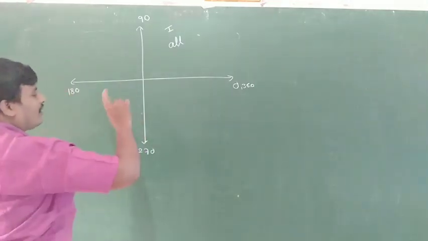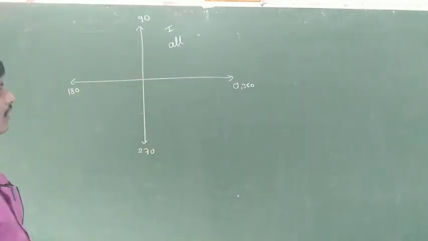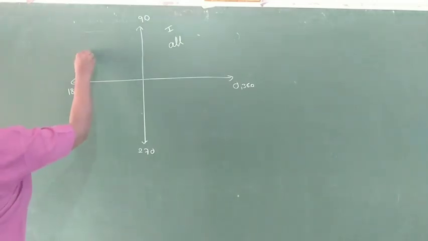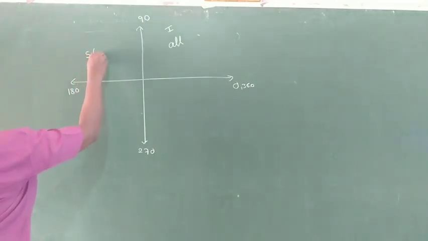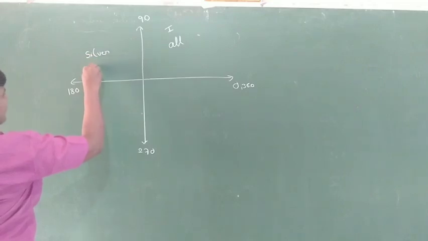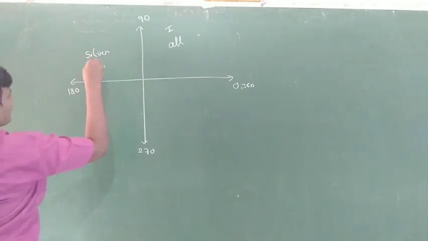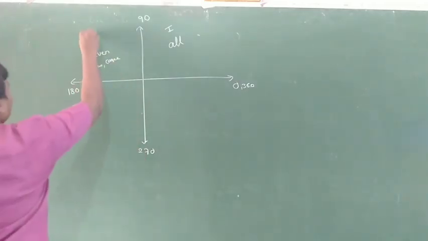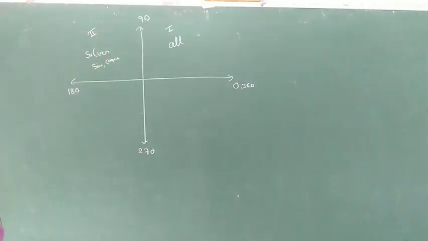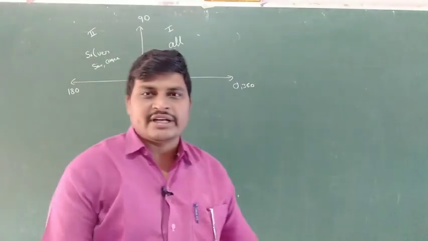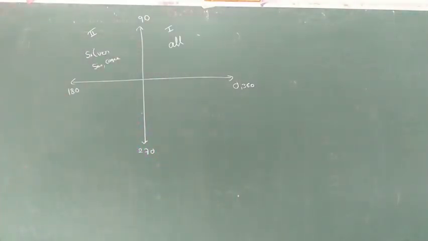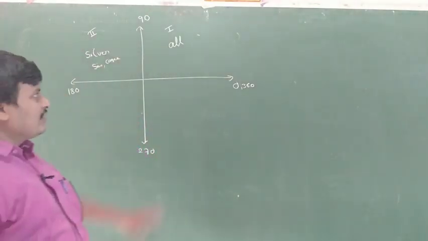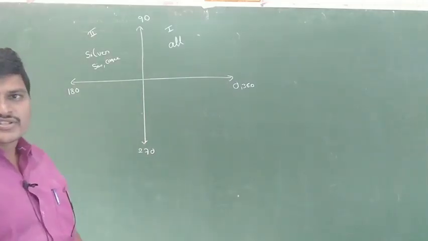All means all are positive. All silver. S for sine. Sine reciprocal, cosecant. In the second quadrant, silver, easy to remember, easy to identify. Which function? There is no confusion. First, all means all functions are positive.